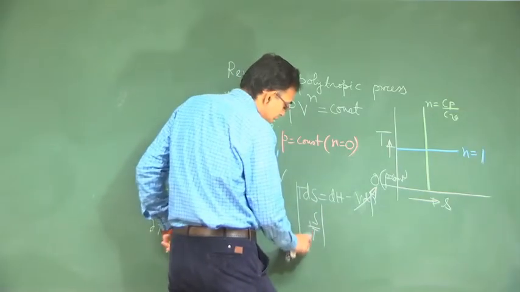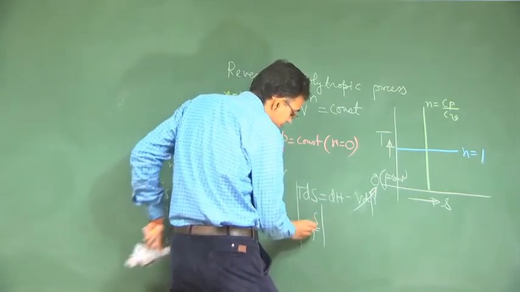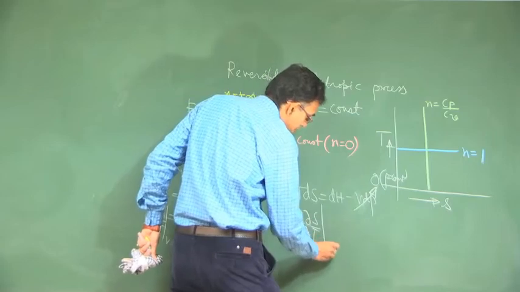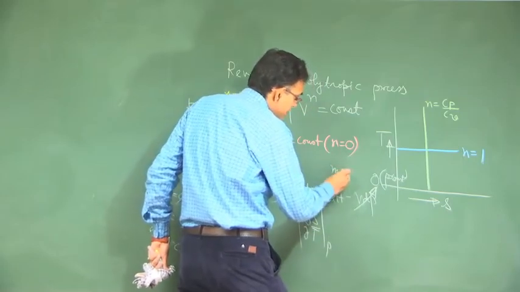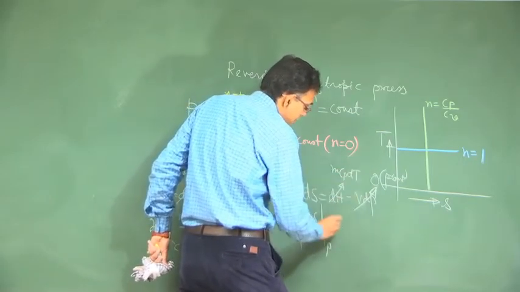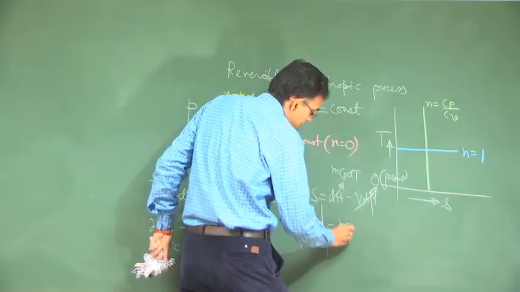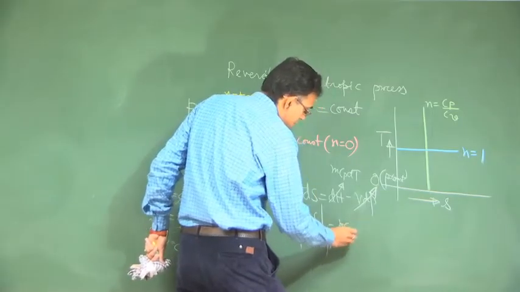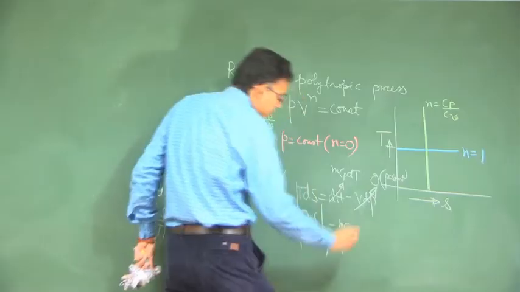So let us be technically a bit correct, dH is mCp dT, so mCp by T.